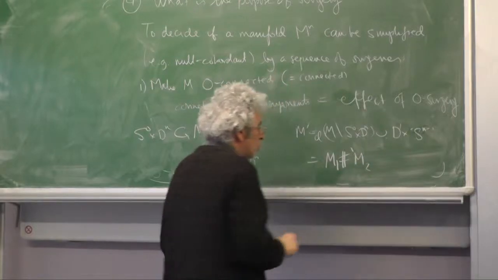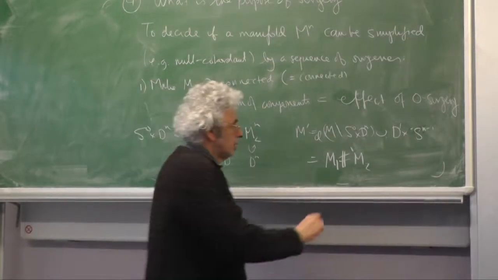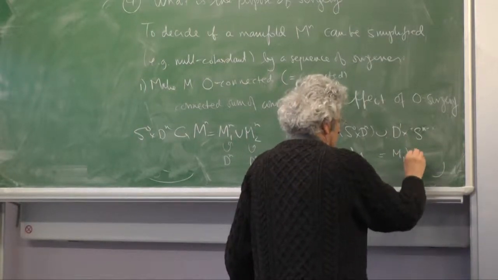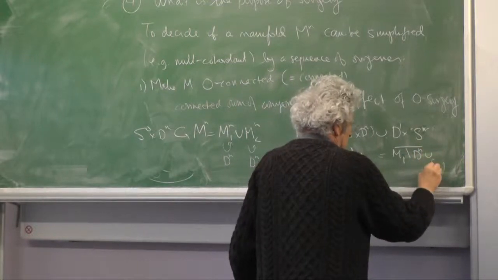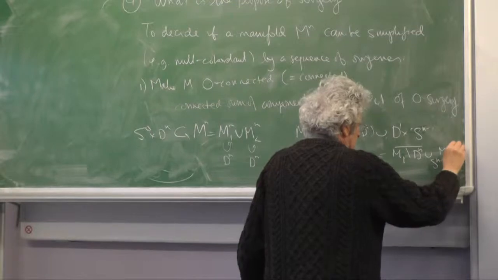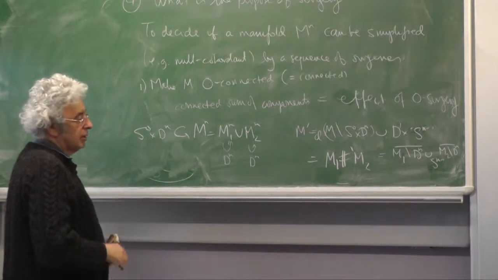So if M1 and M2 were disconnected, but this joins them in here, they become connected in here. So that's M0 and M1. Okay, so that's easy. Making manifolds connected by surgery, no sweat.